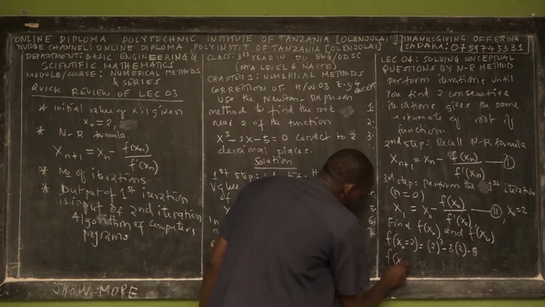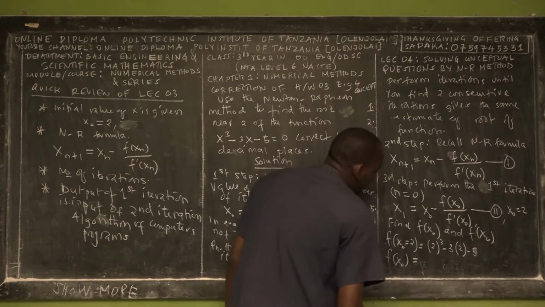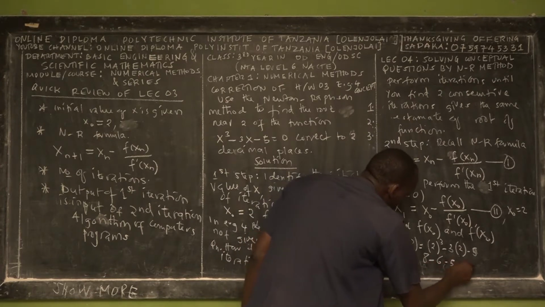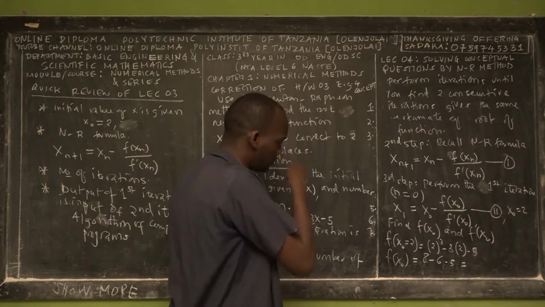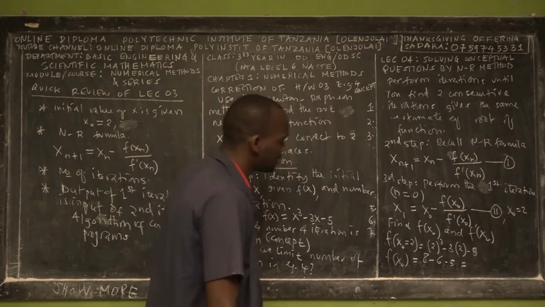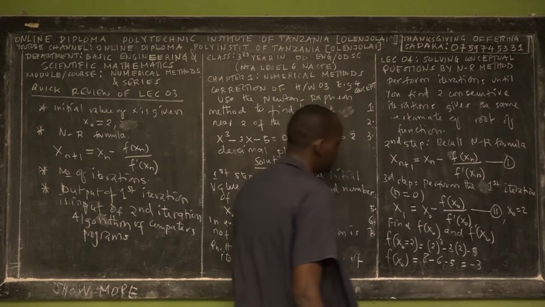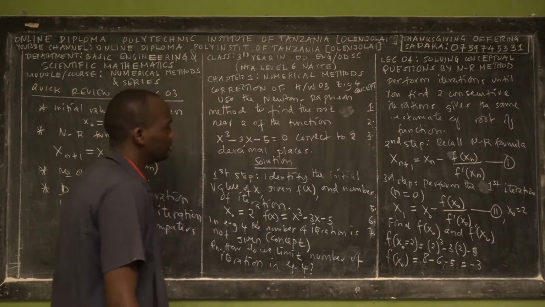Here we are looking for f of x0. 2 power 3 is 8, 3 times 2 is 6, minus 5. So 8 minus 6 is 2, and 2 minus 5 is negative 3. So f of x0 is equal to negative 3.